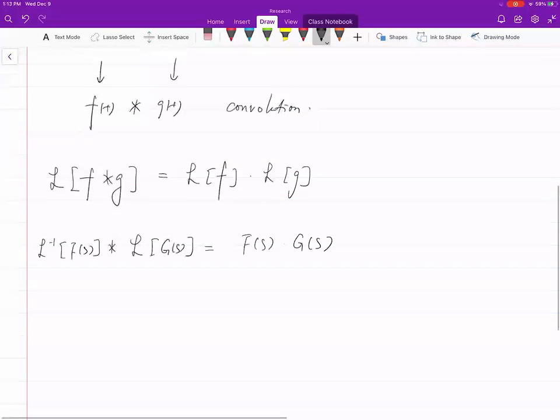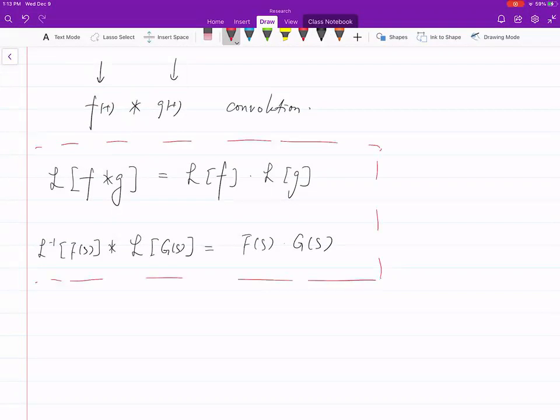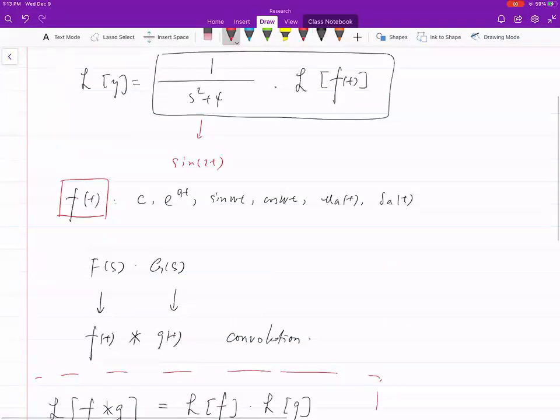But this is what we're looking for. That means once we know that, we have 2 things multiplied together. We know this one goes to sine 2t if you do the inverse. I know this one goes to f(t) if you do the inverse, because this one is L{f(t)}, right? Then I know how I can put them together. I just convolve these 2 together, once we know the definition of convolution, because these 2 are multiplied together.